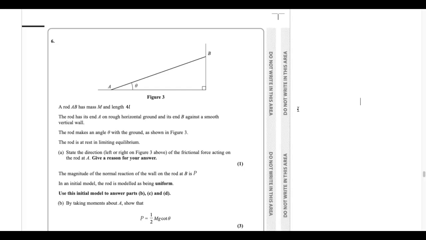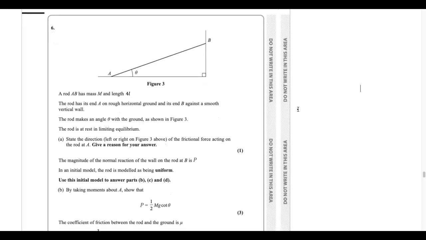So let's get started. We have a question where rod AB has mass m and length 4L. The rod has its end A on the rough horizontal ground and its end B against a smooth vertical wall.